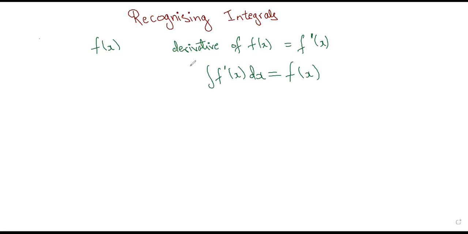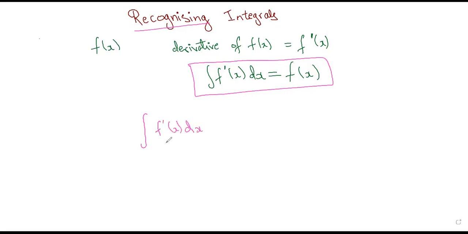So this is the whole concept of this topic. This is the only thing you need to know, and here you need to recognize what? That you would be given an integral, and this part basically is considered as f dash x dx.